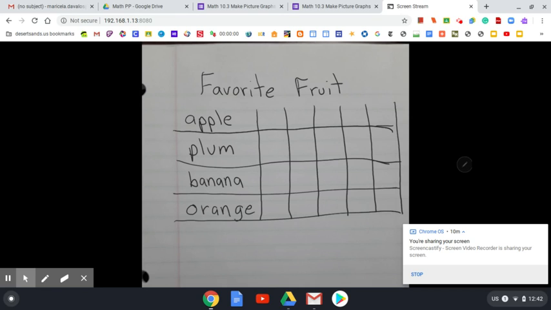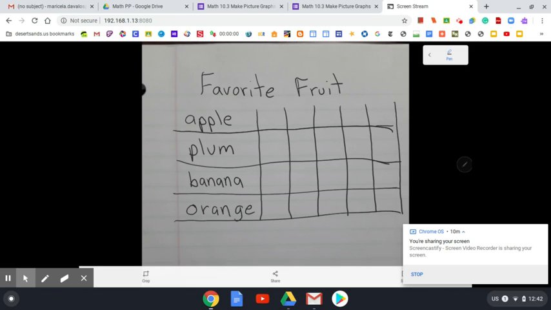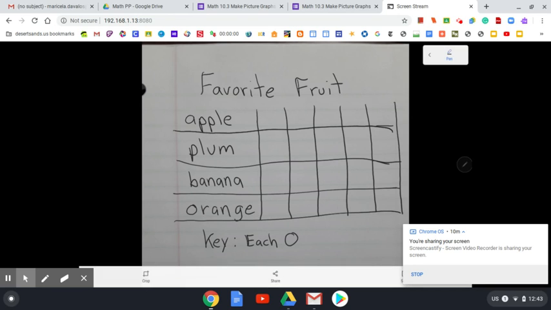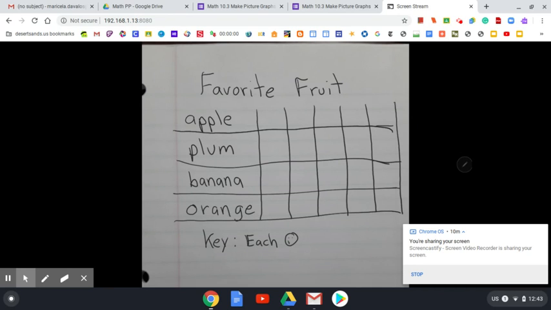And then you have to draw your picture. Another thing that you have to remember, you have to write the key. And it's going to be on your form. And the key says each happy face stands for one child.